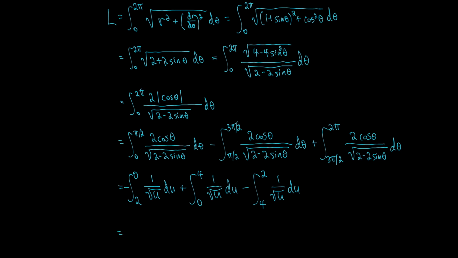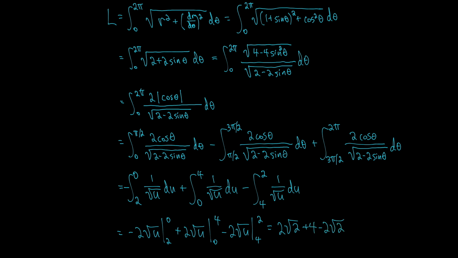You just get minus 2 rad u from 2 to 0 plus 2 rad u from 0 to 4 minus 2 rad u from 4 to 2, which is just 2 rad 2 plus 4 minus 2 rad 2 plus 4, which is 8.